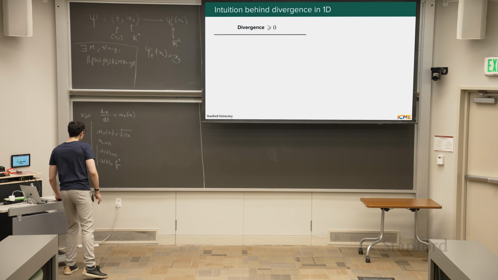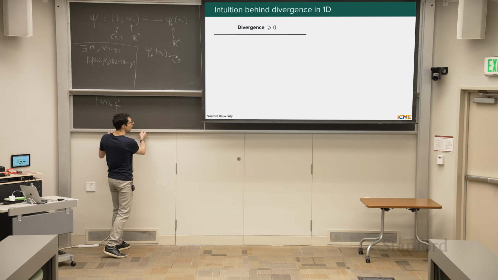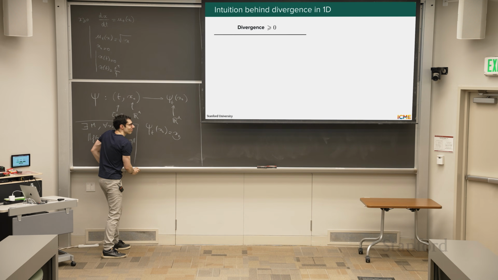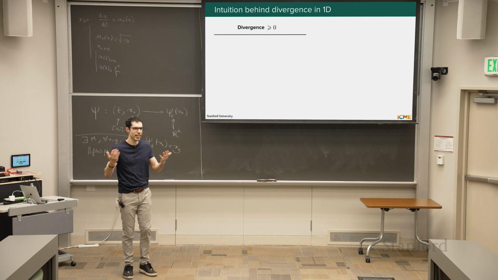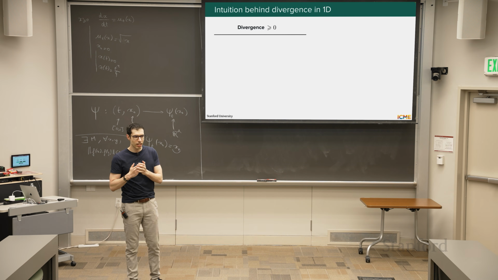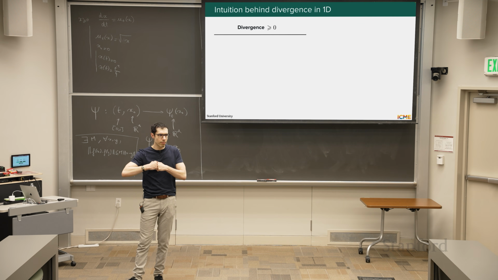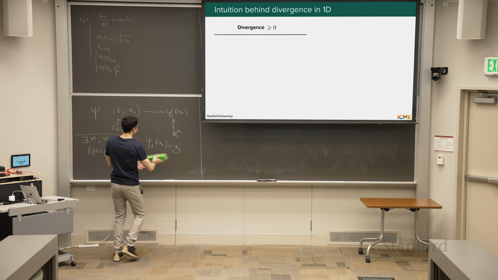So let's suppose you have an operator that's called the divergence. But right now, I'm not telling you anything about what that operator is. I'm just telling you that the operator is positive when things are coming out more than coming in. And we're going to see what happens then.